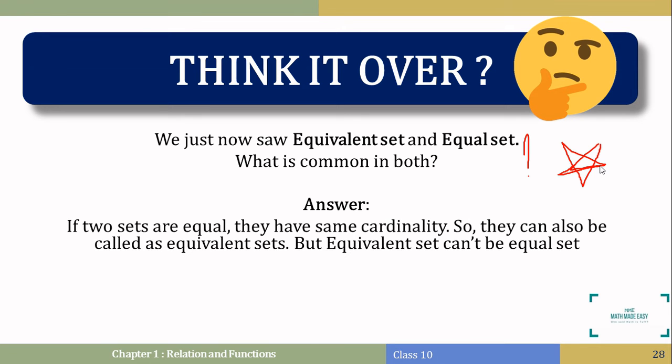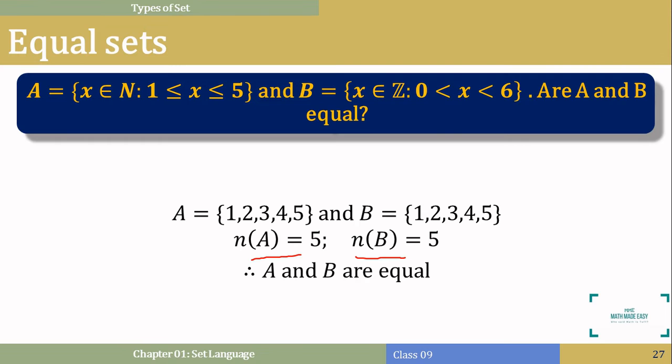If two sets are equal, they have the same cardinality, so they can also be called equivalent sets. Likewise, we saw in the previous example, A is the set of all x belonging to natural numbers such that x ranges from 1 to 5, and the set B is the set of integers where x lies from 0 to 6, removing the endpoints.